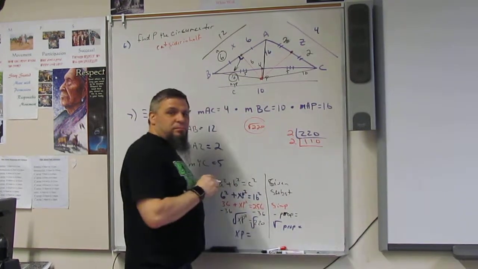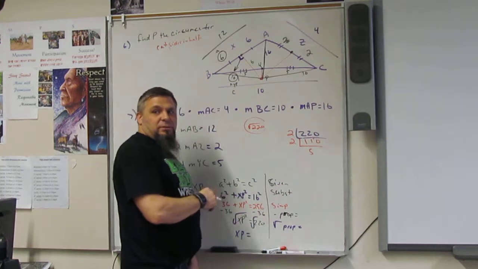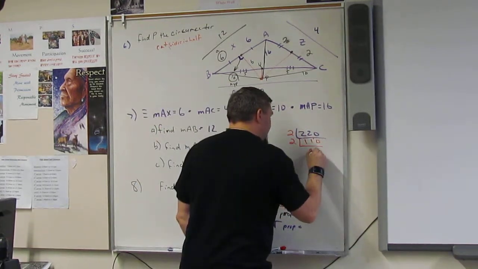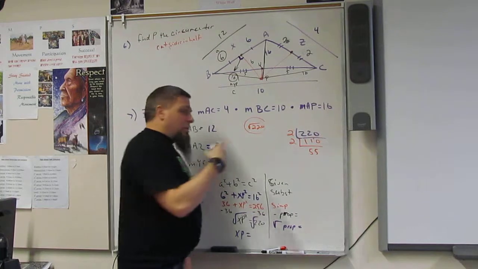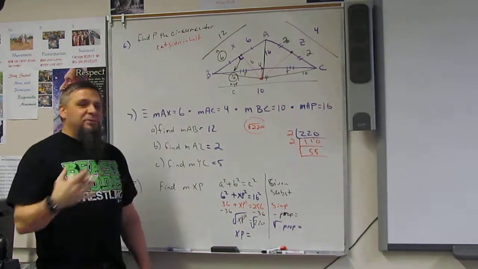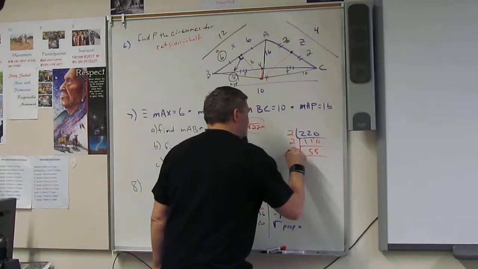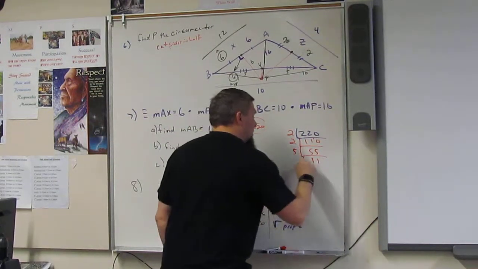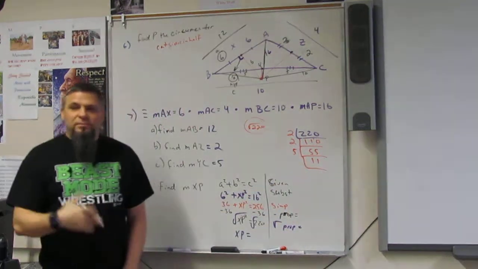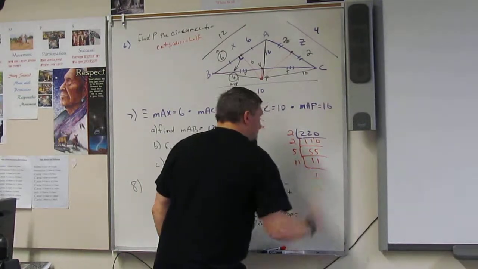2. 2 goes into there 5 times with 1 left over. 2 goes into 10, 5 times again. Well, 2 doesn't work here. Does 3? Nope, because 5 plus 5 is 10. Does 5? Yeah. 1, 1. Does 5 work here? Nope. 7? Nope. 11? Yeah. Okay.